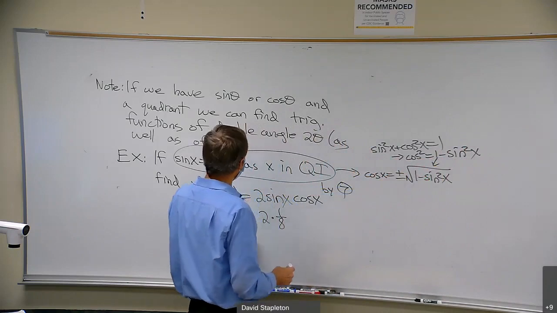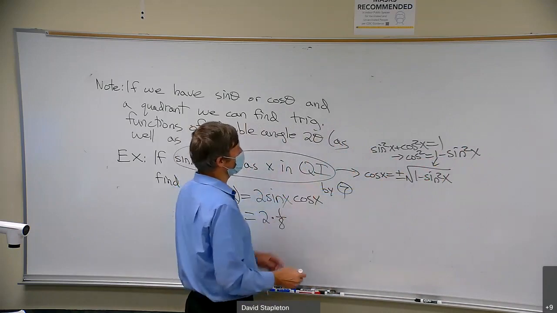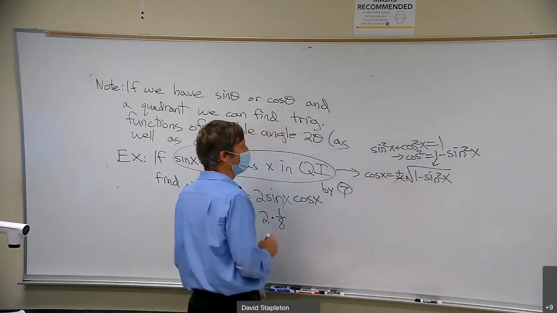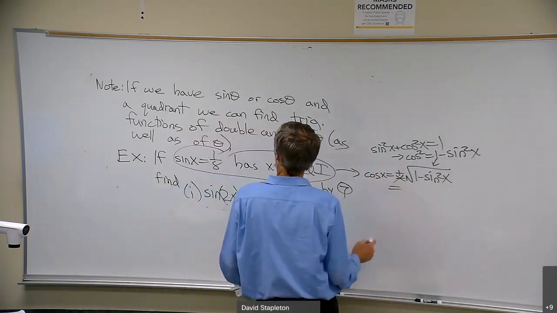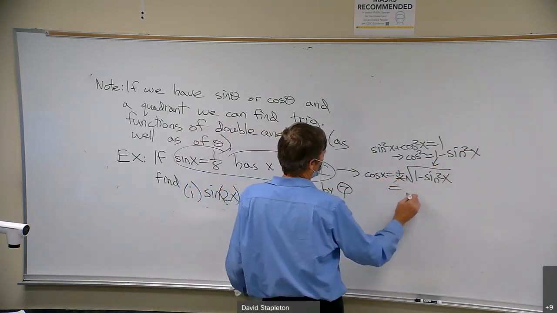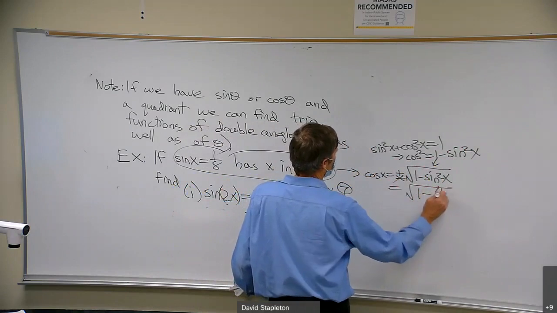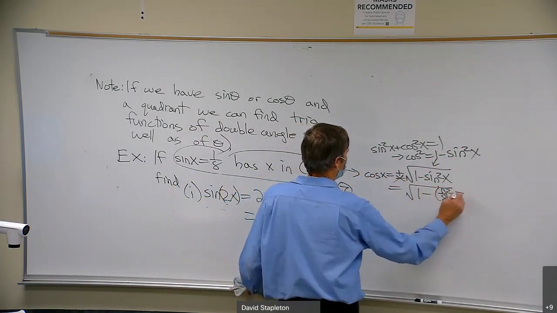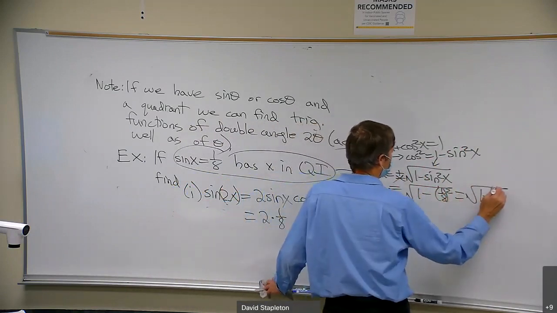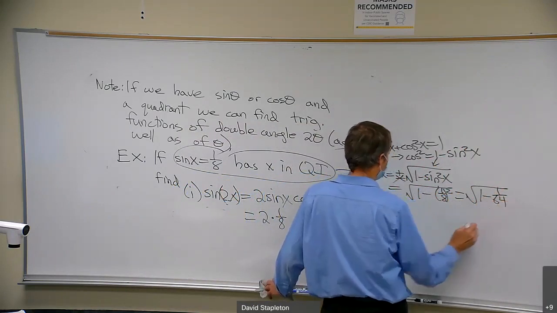And now here's where the quadrant comes in. In quadrant 1, all 6 trig functions are positive, so we scratch out the minus. Sine we were given is 1/8, so it's the square root of 1 minus 1/8 squared. Square root of 1 minus 1/64, right?